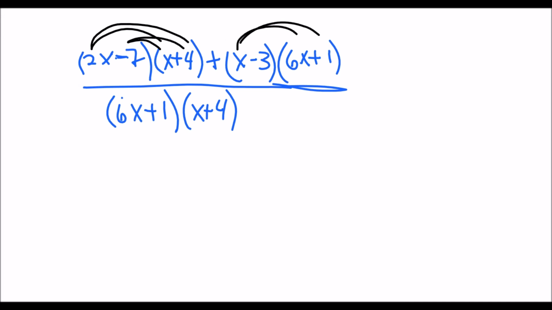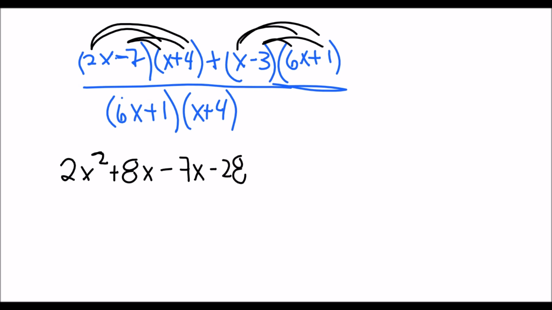First, outside, inside, last. So to do this, we're going to end up with 2x squared plus 8x minus 7x minus 28 plus x times 6x is 6x squared.